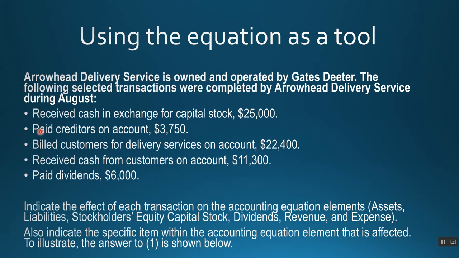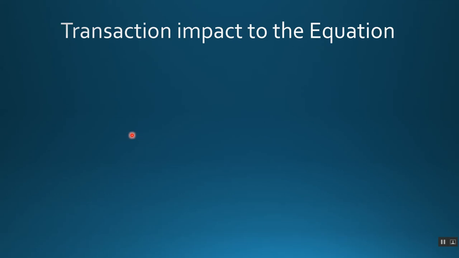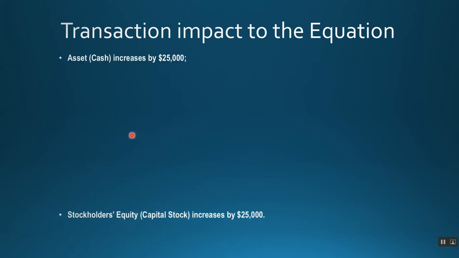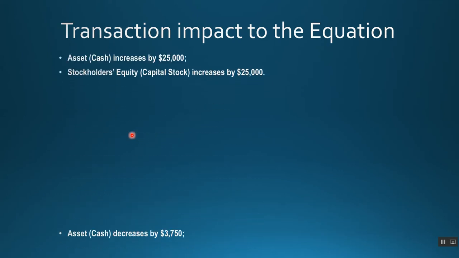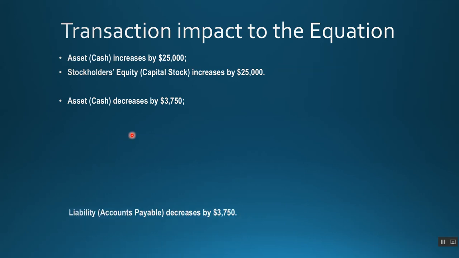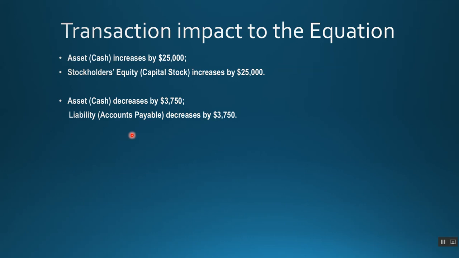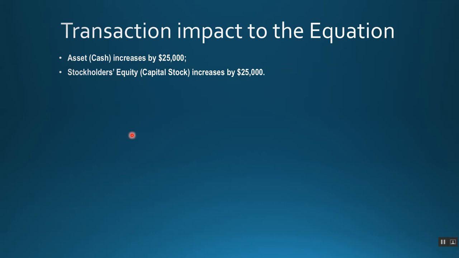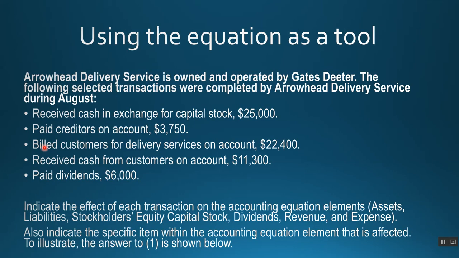So cash is going out and we've paid down some debt, which is a liability. So cash is decreasing by $3,750. And our debt liability, accounts payable, is also decreasing $3,750.